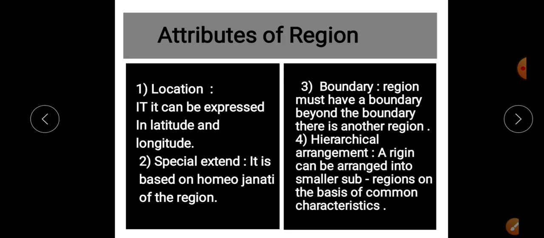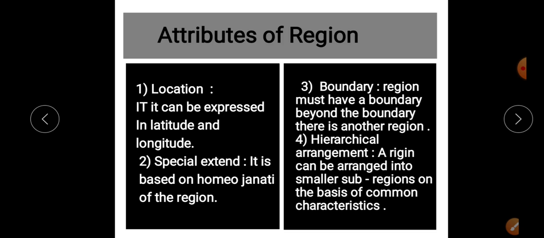The region India is subdivided into sub-regions. With the help of administrative regions and for administrative comfort, India is distributed into states. Then states are distributed into districts, districts into talukas, and talukas into villages.